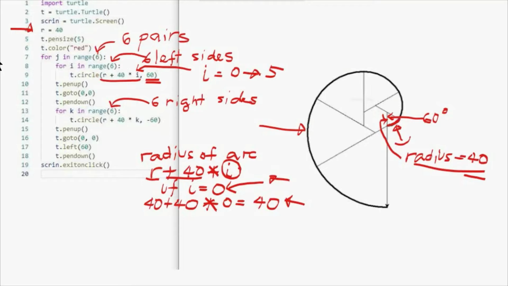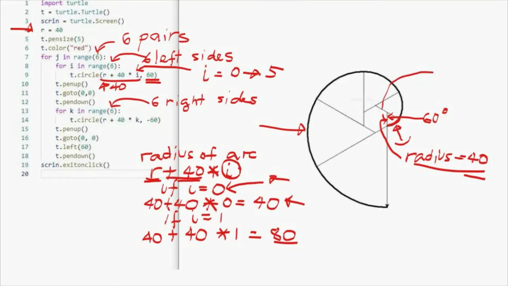Now the value of I changes from 0 to 5. If I is equal to 1, then R is equal to 40, this one here. And then we add 40, this one here, and then we multiply by the value of I, which is 1. And in this case, 40 plus 40 times 1 is 80. So the radius, if I is equal to 1, is 80, and this is now the radius.